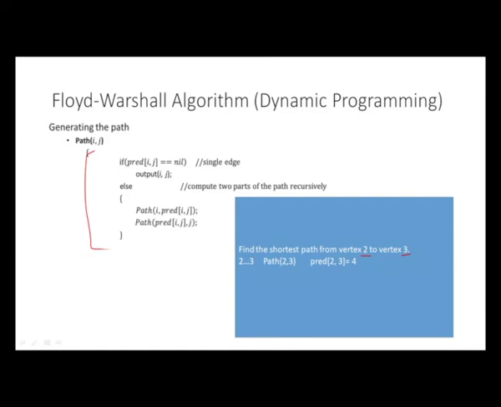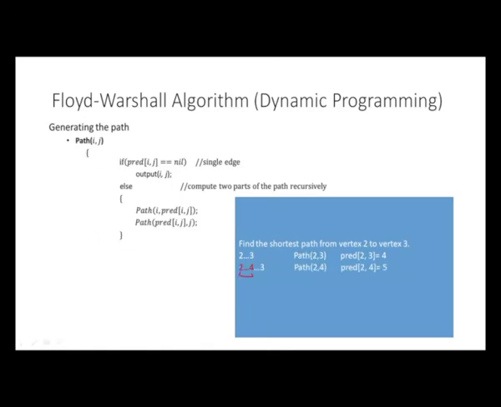We will check that the predecessor of 2 comma 3 is not equal to nil, and let's suppose for the sake of an example it is 4. So we'll make recursive calls from 2 to 4 and 4 to 3. The first call, 2 to 4, will again be made, and let's suppose the predecessor for 2 to 4 is 5.